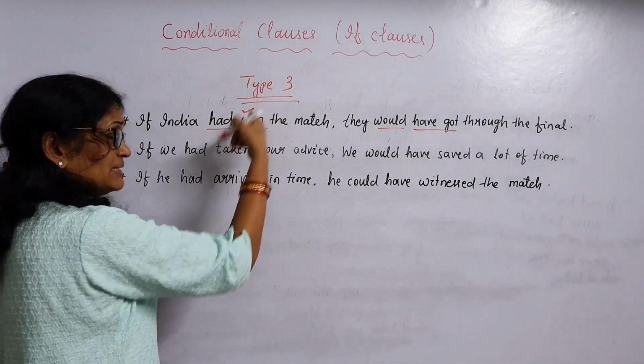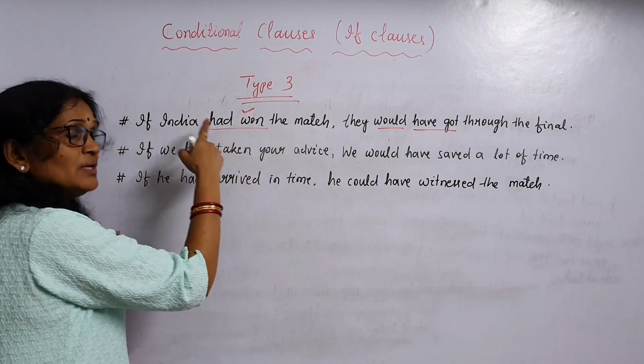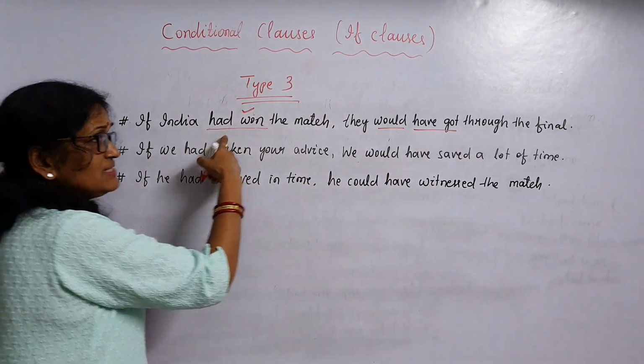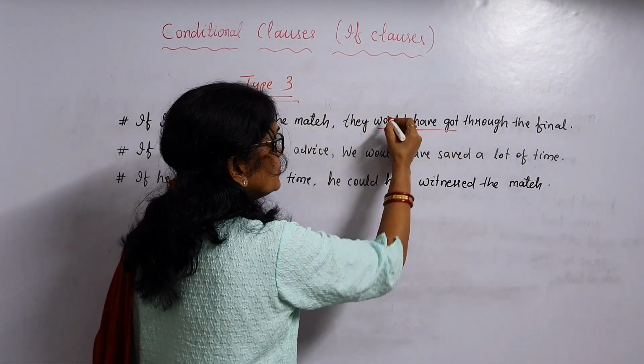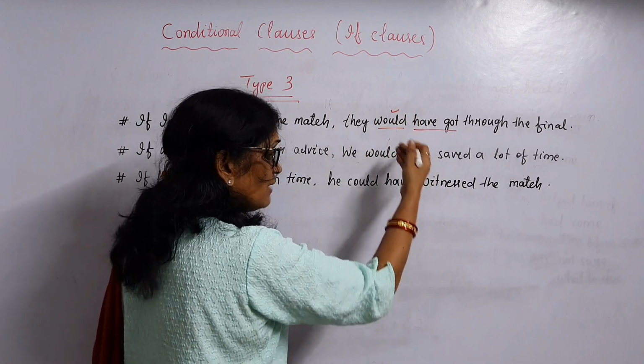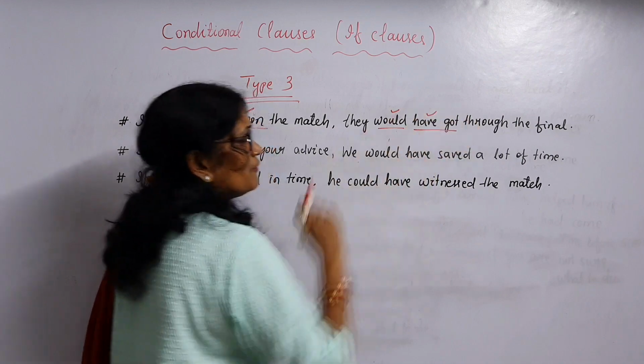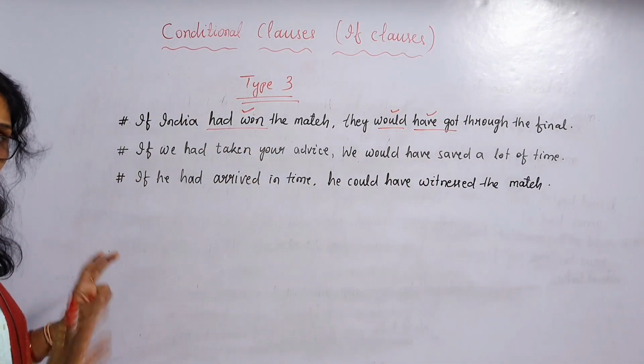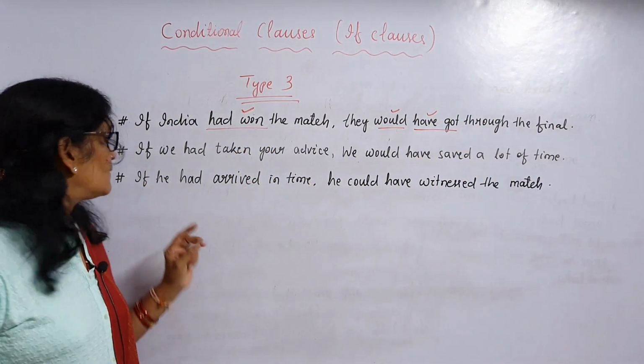In the type 3 structure, in the if clause, past perfect tense, and in the main clause would or could or any past modal verb plus have plus V3 we use. Completely imaginary, completely unreal.